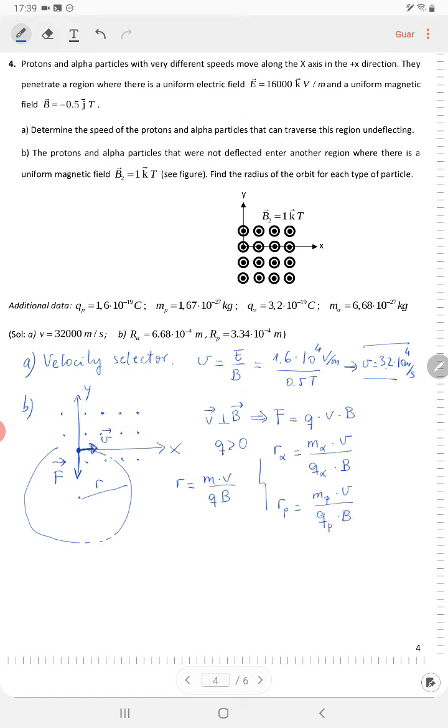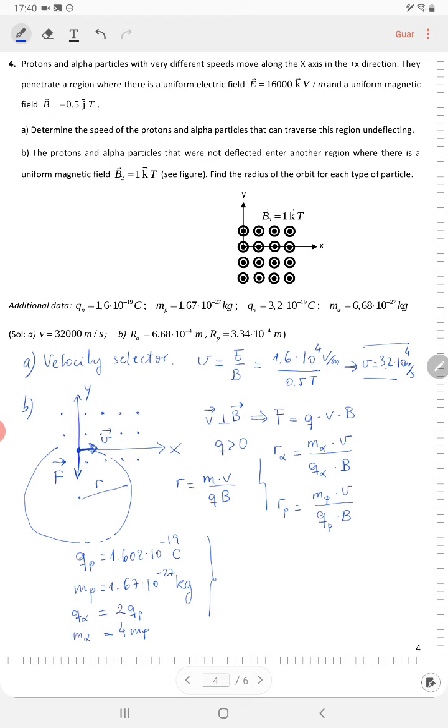You just need to know that the charge of the proton is 1.602 times 10 to the minus 19 coulombs, and the mass of the proton is 1.67 times 10 to the minus 27 kilograms. You also need to know that the charge of the alpha particle is twice the charge of the proton, and the mass of the alpha particle is 4 times the mass of the proton.